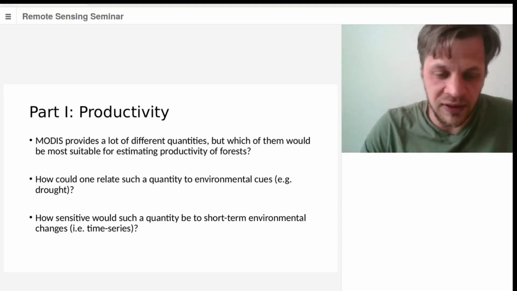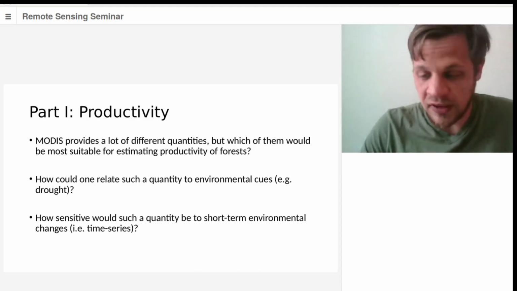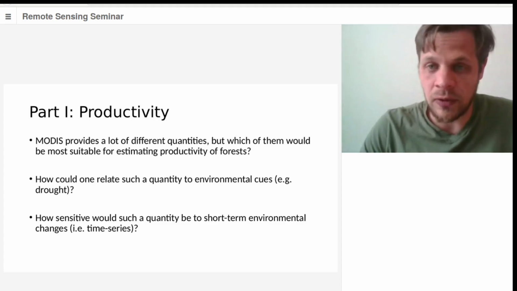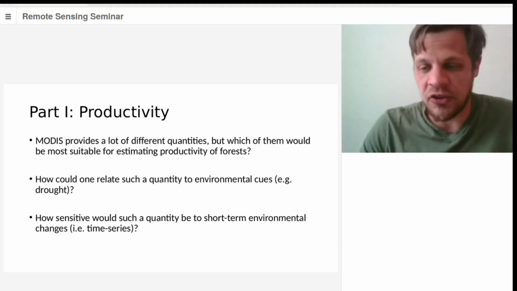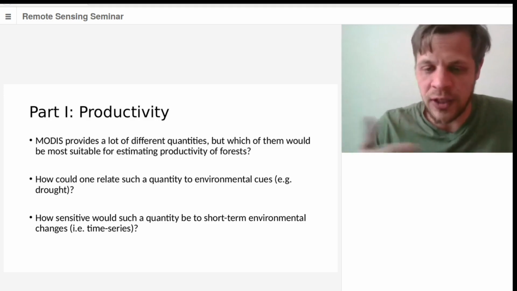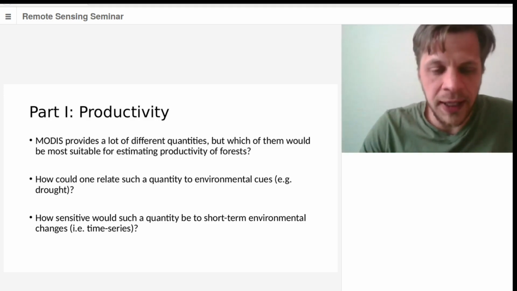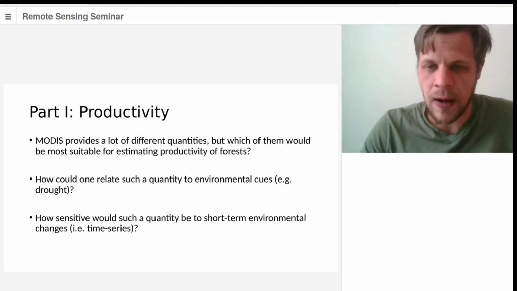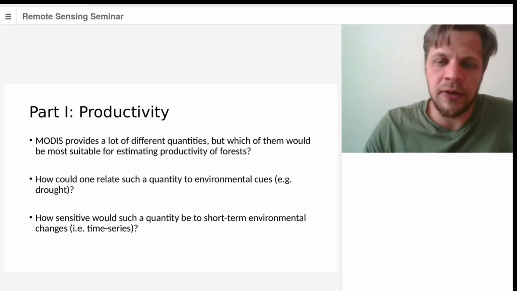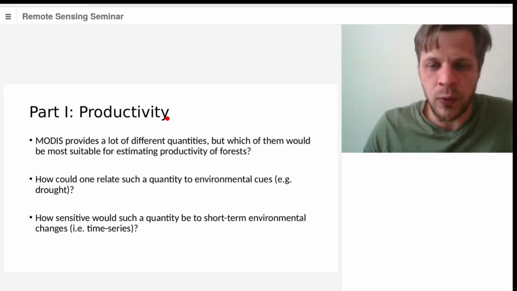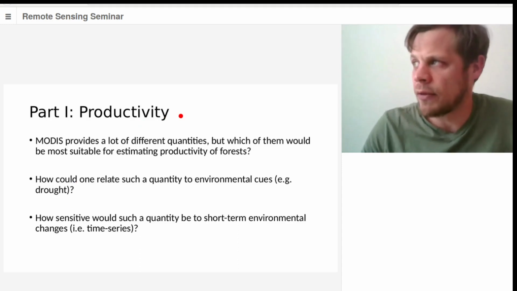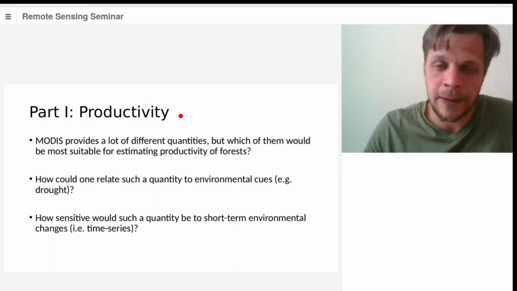I cannot say whether this yellow or brown value translates into loss of carbon or not. It's just a relative value, so I cannot really use it for saying anything about biophysical properties. So we were looking for one which has a meaningful unit, like kilogram carbon per square meter per year.